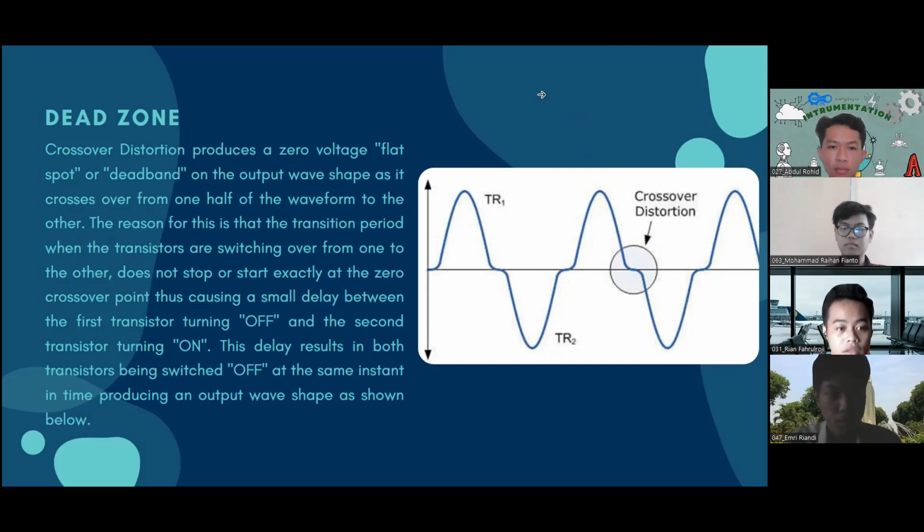This delay results in both transistors being switched off at the same instant, producing an output wave shape as shown on the graph on the right side. We can see in this graph that the circled area is the crossover distortion. Next slide, please.